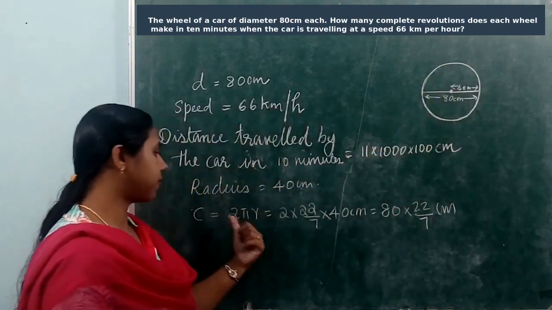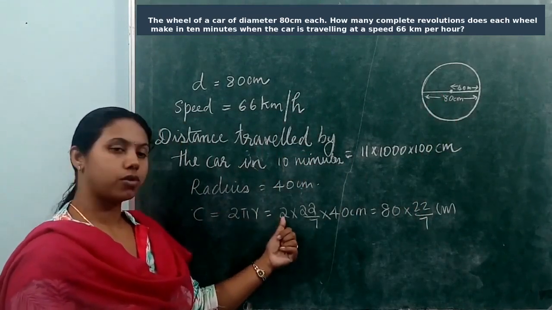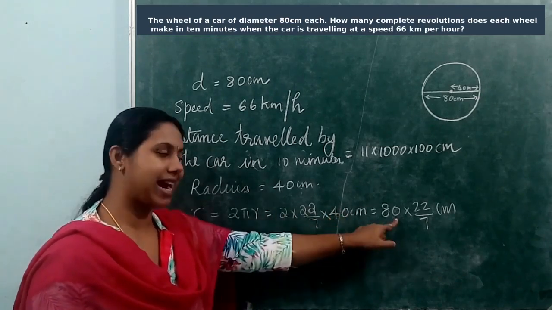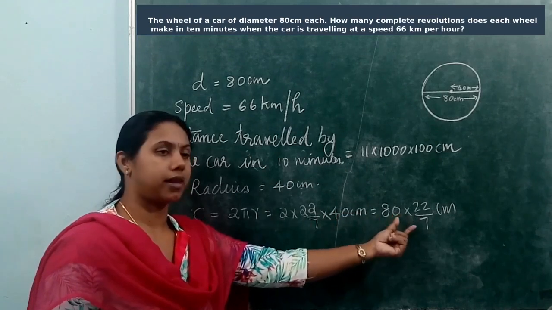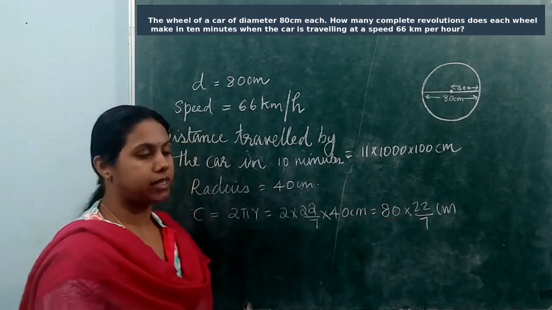So the circumference is 2 pi r, that is 2 into 22 by 7 into 40 centimeter. 2 into 40 is 80. Keep this 22 like that. No need to multiply now. So 80 into 22 by 7 centimeter.